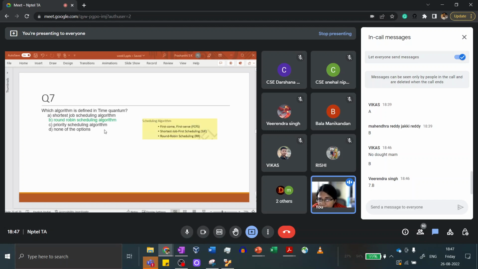It is round robin. So far I think you have looked at 3 algorithms: first come first serve, shortest job first, and round robin scheduling. First come first serve, literally, as we saw in the previous example, takes whichever process arrived first and schedules it. Shortest job first scheduling has a caveat: it needs to know the execution time of each job, right?